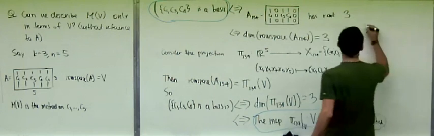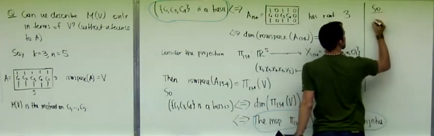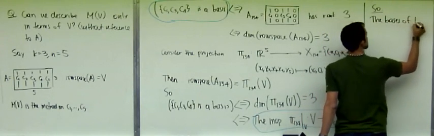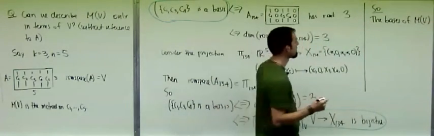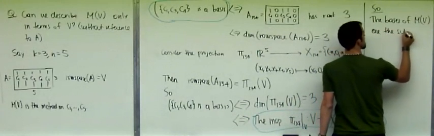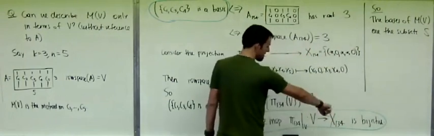So in other words, what are the bases of my matroid M of V that I'm trying to describe? They are the subsets S for which this projection map is bijective.